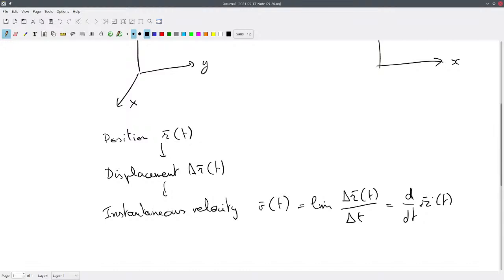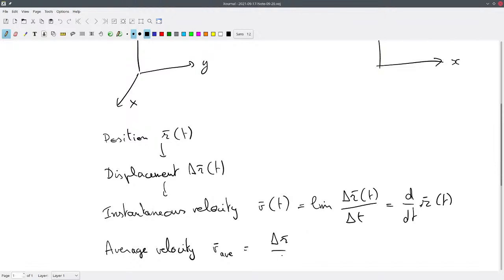Okay. Similarly, there's of course going to be average velocity. So that's going to be v average, which is now just delta r over delta t. I'm not going to put t here.